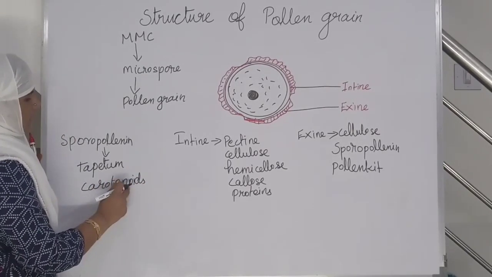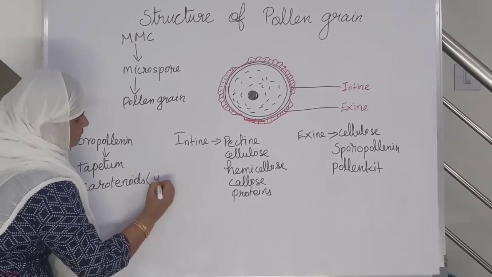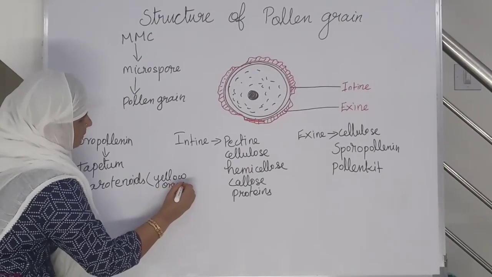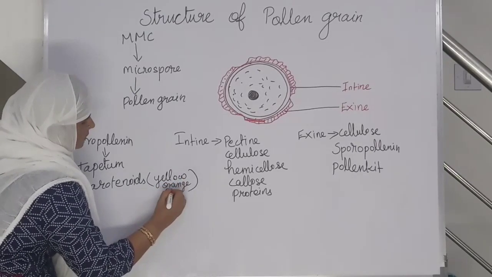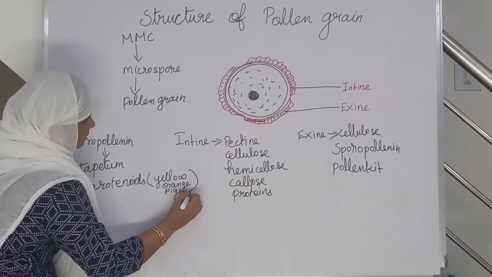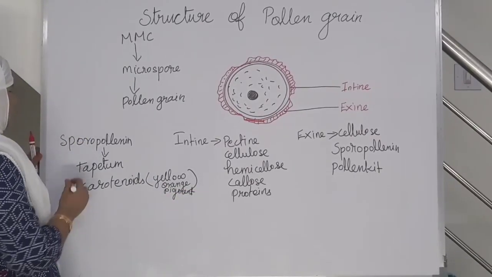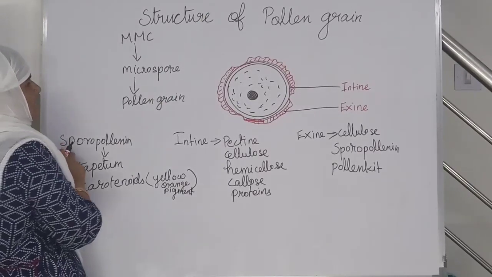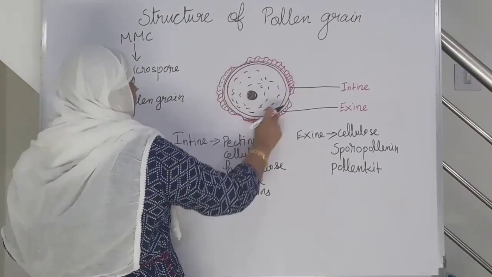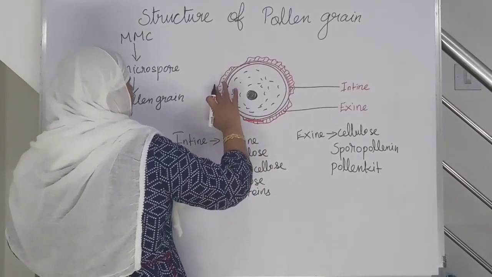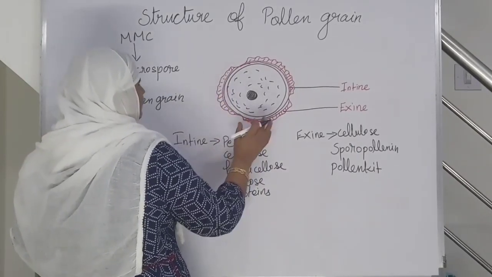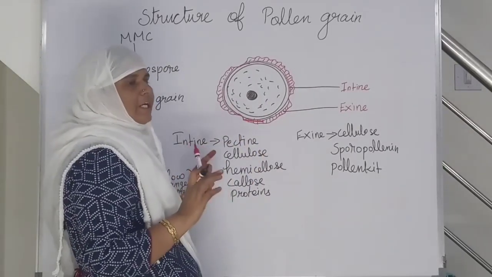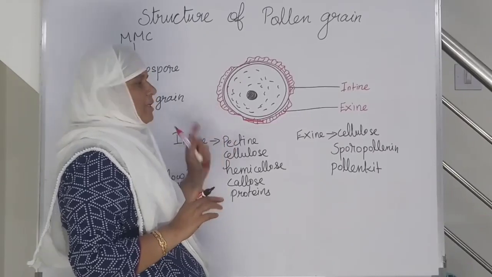It is nothing but yellow-orange pigment. The sporopollenin helps the pollen grain to travel from the anther to the stigma without any decomposition or damage.